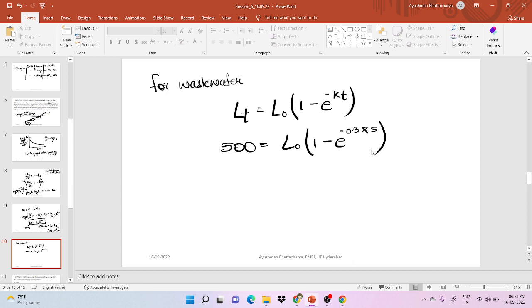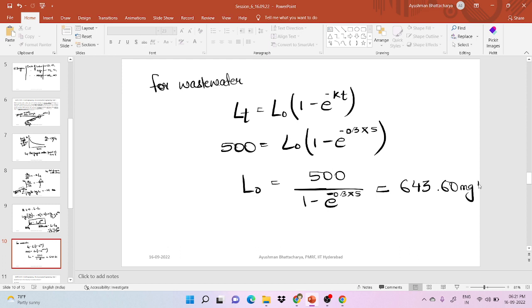Since the BOD is of 5 days, the time taken is 5 days. From here we can calculate L naught, which will come out to be 643.60 milligram per liter. So L naught here means the ultimate BOD of wastewater.